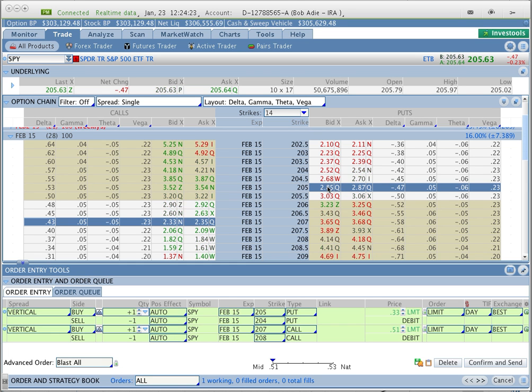I think what the student was driving at is, what's the math, or how do I decide where to go to enter these? That is up, and I don't mean this to be a generic answer, that's up to the individual trader's bias, risk management, research, et cetera, on how close or far away you want to get to the current price or to the at-the-money strikes.